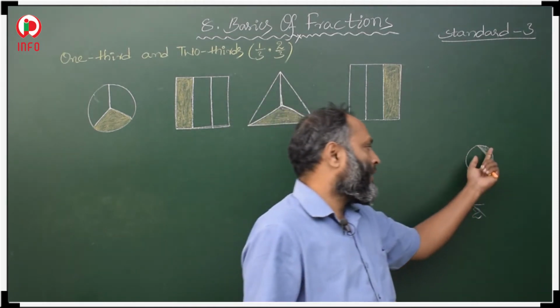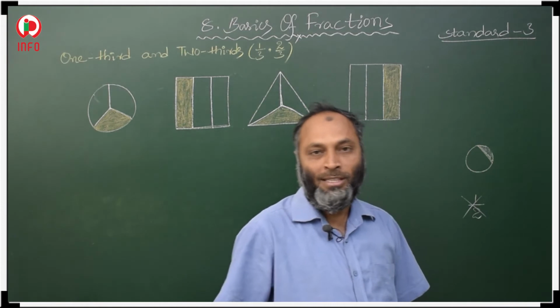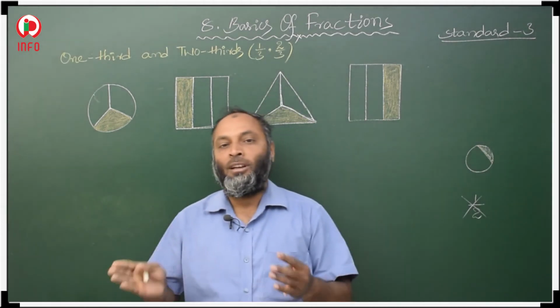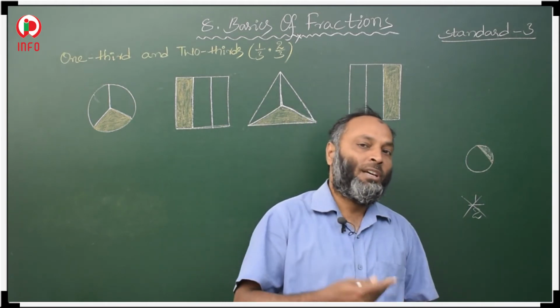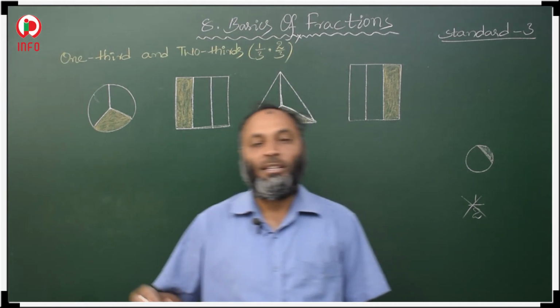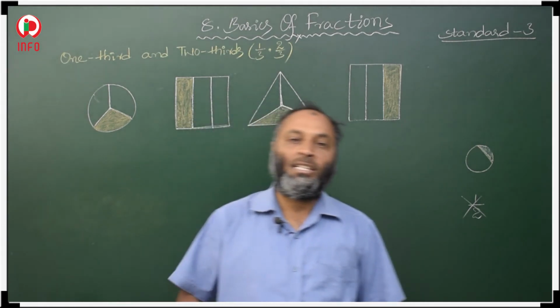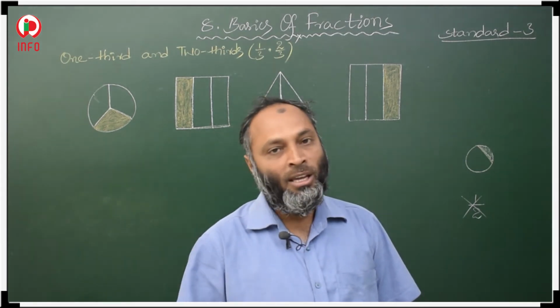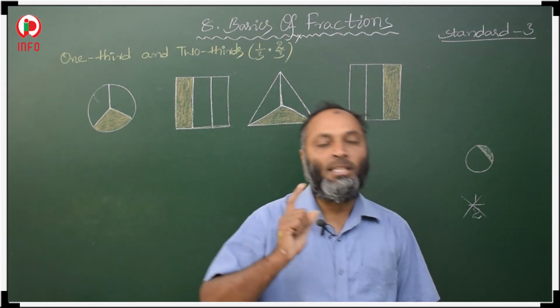Here we do not have equal parts, so it is not half. So, whenever we write a fraction, what is the condition? Whatever you are going to divide should be in equal parts. That is the important thing.